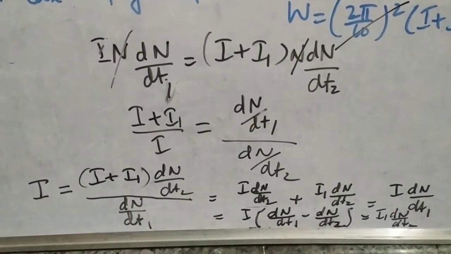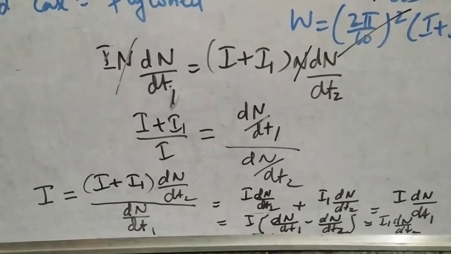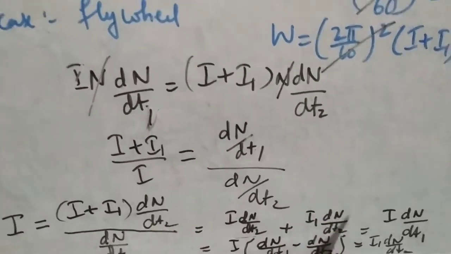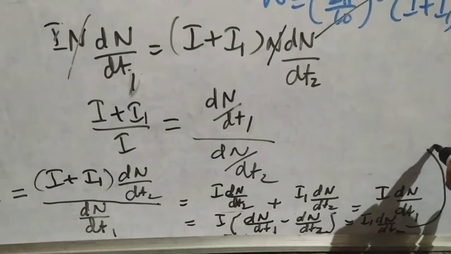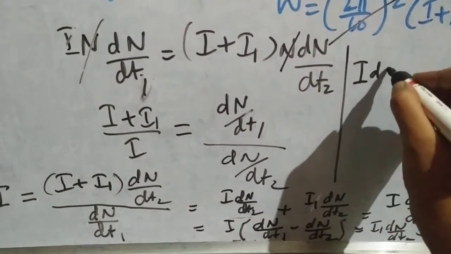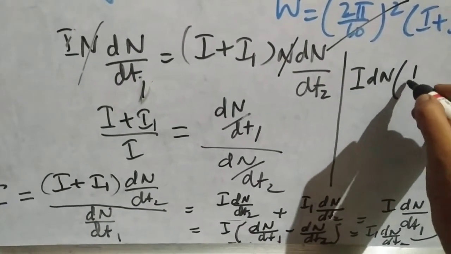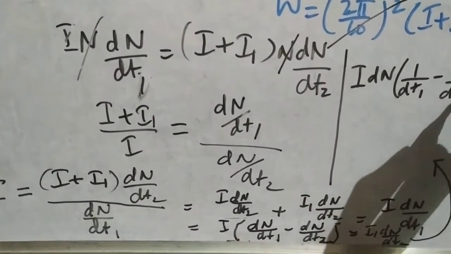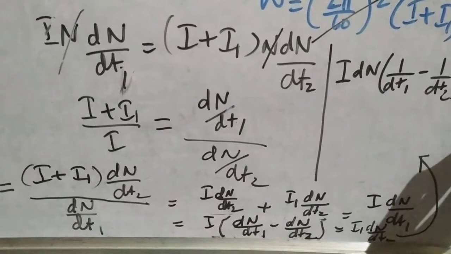So here further you can take out the dn outside. So once you take the dn outside, I am going to do the simplification here. So it will retain it as I into dn, I will take it outside, so it will become 1 divided by dt1 minus 1 divided by dt2 is equal to I1 into dn divided by dt2.